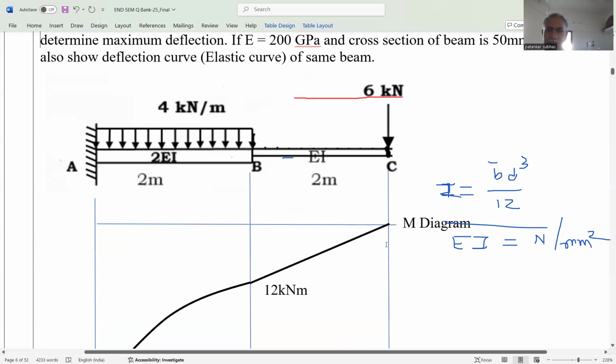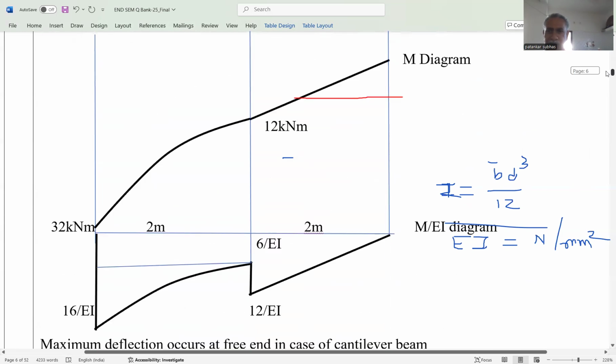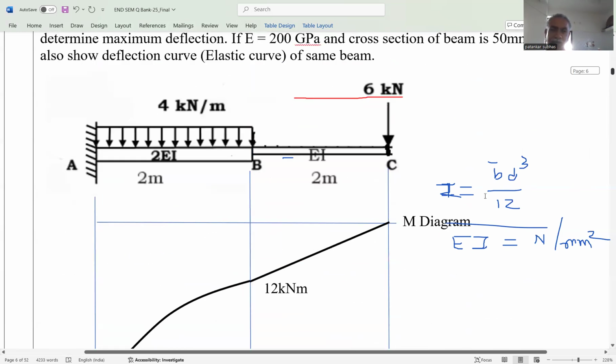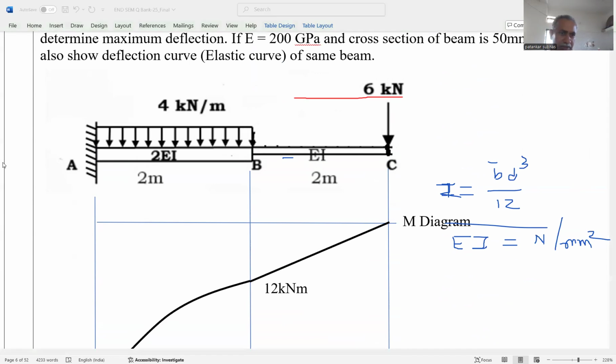Here it is observed that, as we know for cantilever, it is not necessary to find out the support reaction. Okay. So first step is to draw the free body diagram. For the free body diagram, definitely we can show the reaction components.